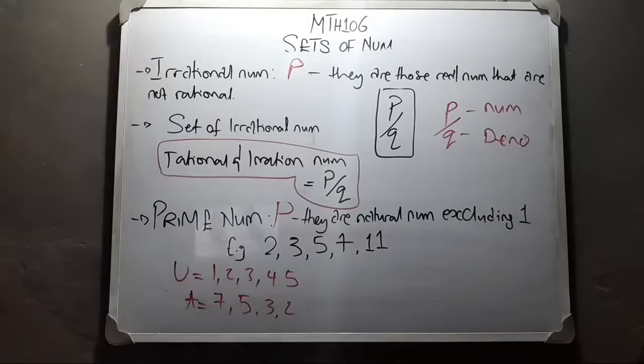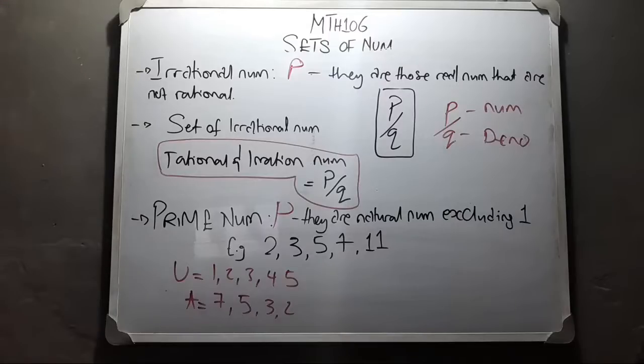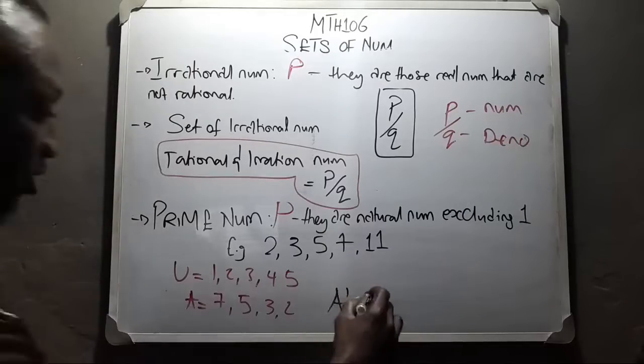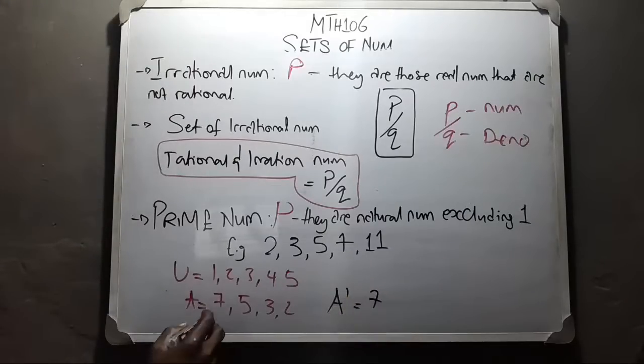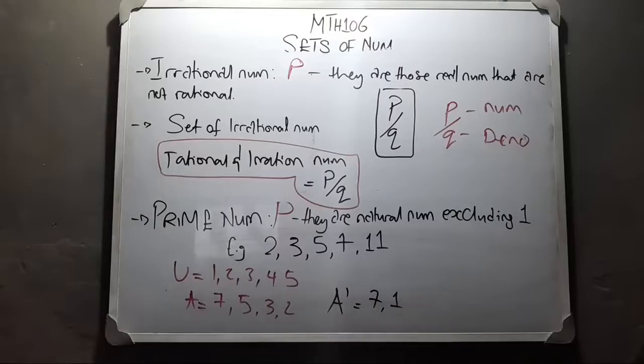Now, complement is what is in the universal set that you can't find in A. A complement is 7, 5, 3, 2, and 1.